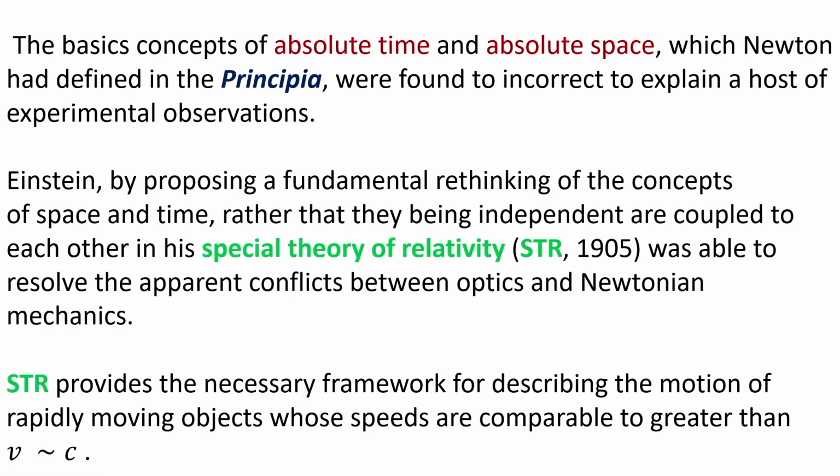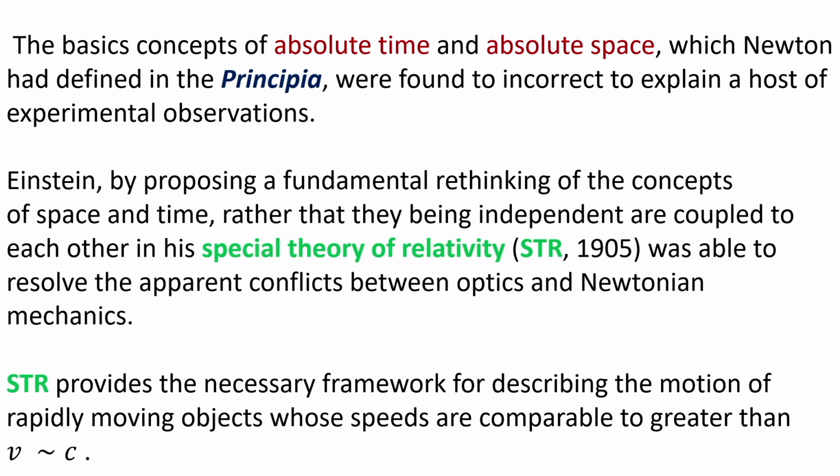So, the basic concepts of absolute time and absolute space, which Newton had defined in Principia, were found to be incorrect to explain a host of experimental observations, when the velocity of particles becomes too large. This led Einstein to propose a fundamental rethinking of the concept of space and time, where he showed that, rather than being independent, they are actually coupled to each other.